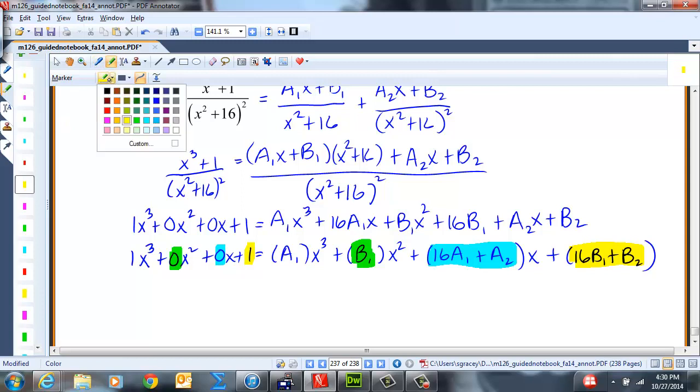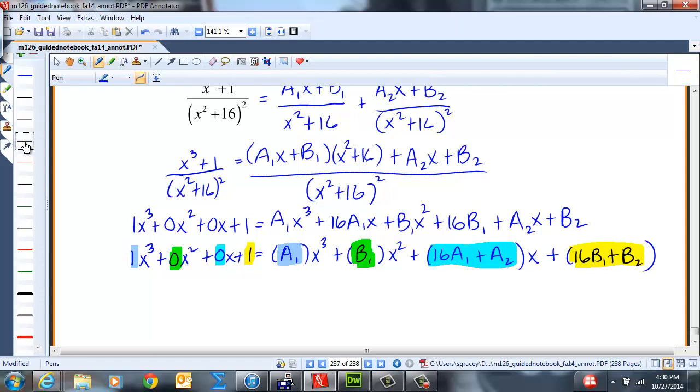Let's see, a different blue maybe. This one goes with the a1. So here we go. Let's see what we have going on.